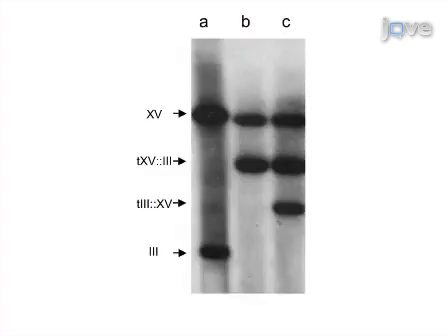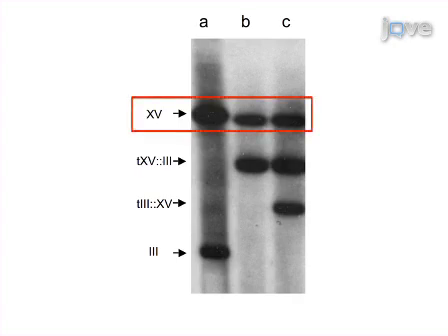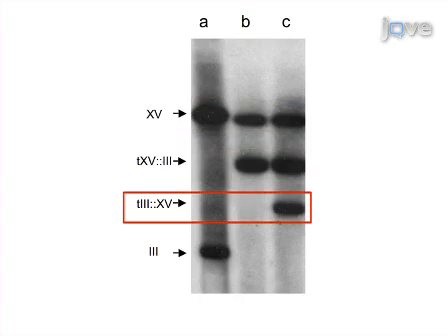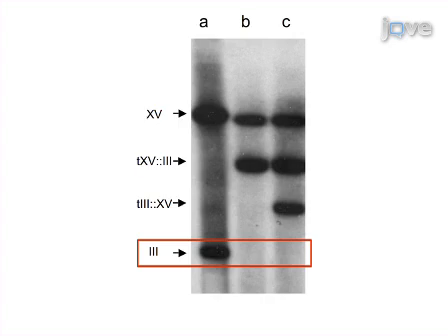The separated chromosomes are then blotted to nylon and hybridized with the P32 labeled 1.8 kilobase HIS3 probe to visualize the 1.1 megabase intact chromosome 15, 0.8 megabase T15-3 translocation chromosome, 0.6 megabase T315 translocation chromosome, and 0.3 megabase intact chromosome 3. Lane A is the parent diploid, lane B is a His plus non-reciprocal translocation recombinant, and lane C is a His plus reciprocal translocation recombinant.